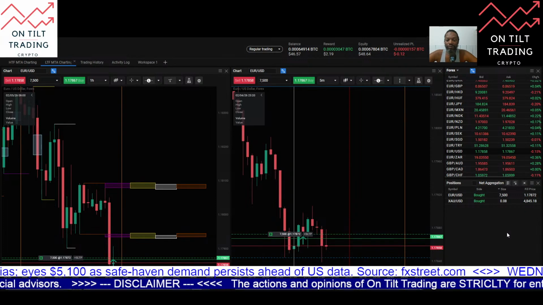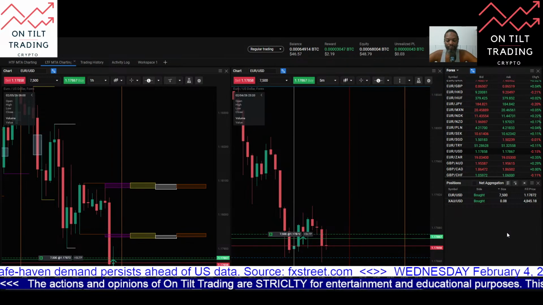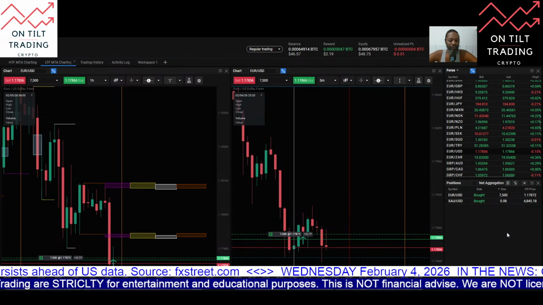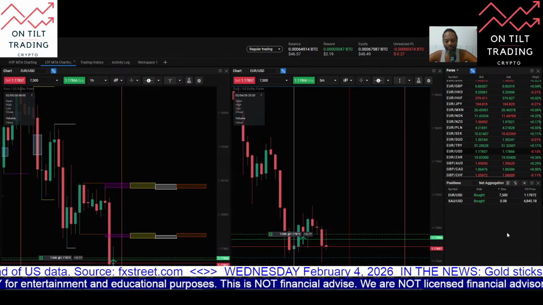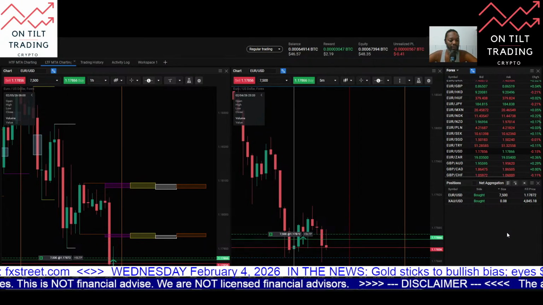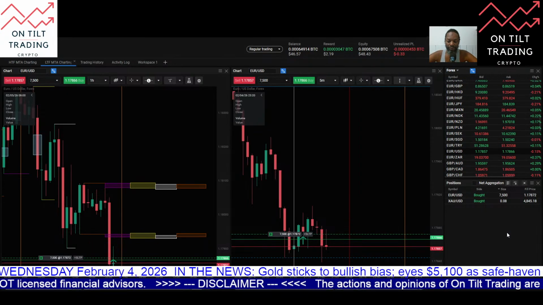Less than 2 minutes remaining in the current 5-minute candle. This candle still currently trading inside of the previous candle. We'll see if this candle will break out or set the next candle up to break out, if all goes well to the long side.